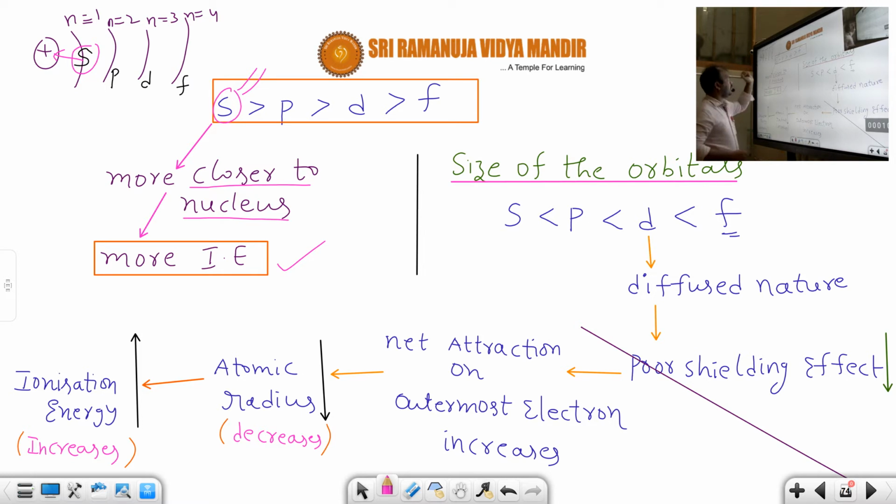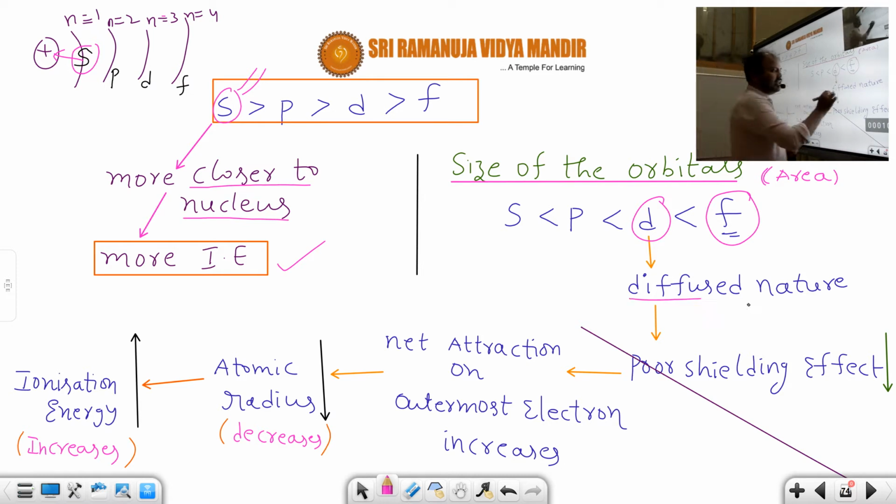The distance increases. In terms of the size of the orbitals, generally the d and f orbitals are bulky orbitals. They have a diffused nature. Whenever they have a diffused nature, which effect do they show? Poor shielding effect. That means the shielding effect decreases.